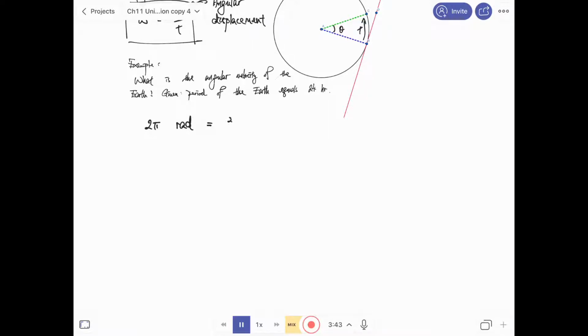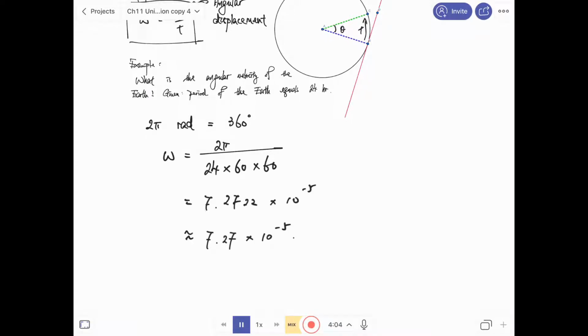All in all, 2 pi radian is 360 degrees, and later on we'll see the advantage of that. And so right now the angular velocity of the Earth should be omega equals 2 pi over 24 times 60 times 60. Students should note that the unit for angular velocity is radian per second.